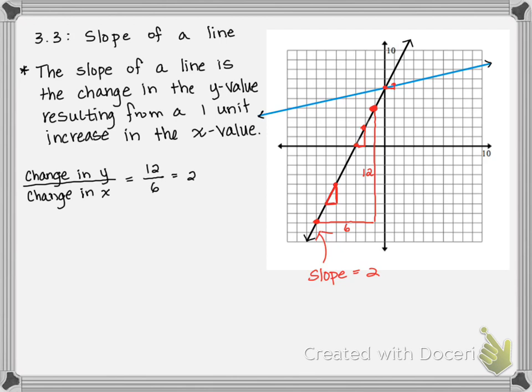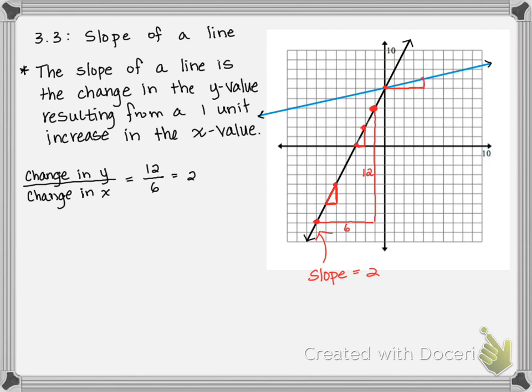Because it's some fraction of 1. So in cases like that, it's especially useful to use the fact that we just need a ratio. I can change my x value as much as I want and just divide the change in my y value by the change in my x value, and that'll give me my slope, so that we don't have to count these little tiny fractions to correspond to a single unit change in x.